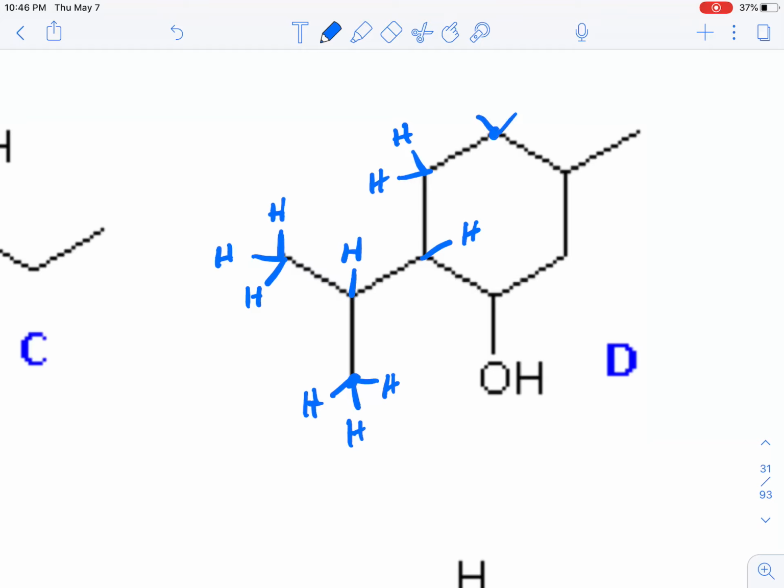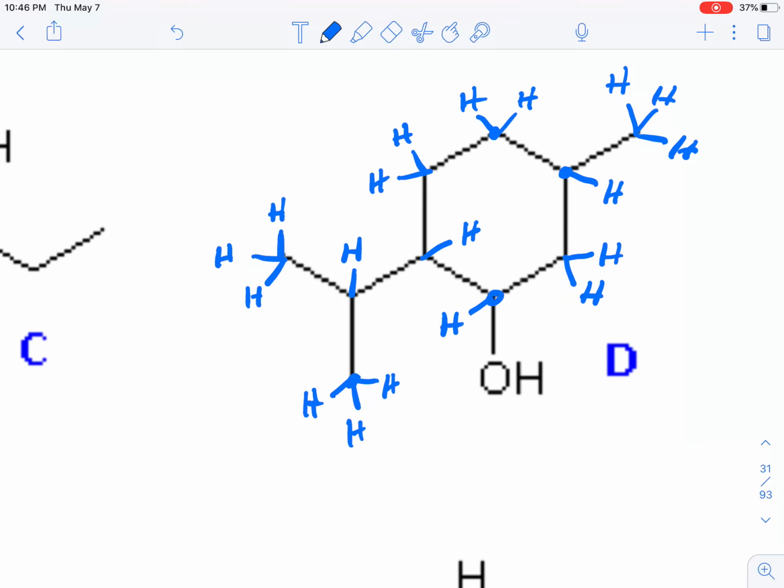Remember, when you are filling in your invisible hydrogens, you want to make sure that the carbon you're looking at has 4 covalent bonds. If it has more than 4 covalent bonds, you've added way too many hydrogens. If it has less than 4 covalent bonds, and I'm talking about the combination of single, double, and triple bonds, then you didn't draw in enough hydrogens.